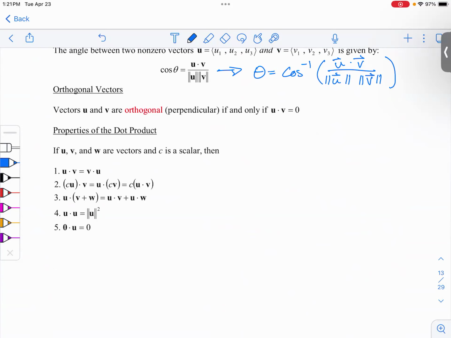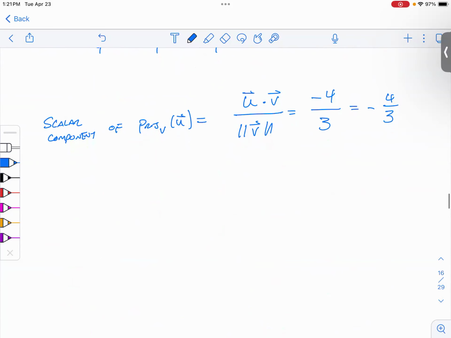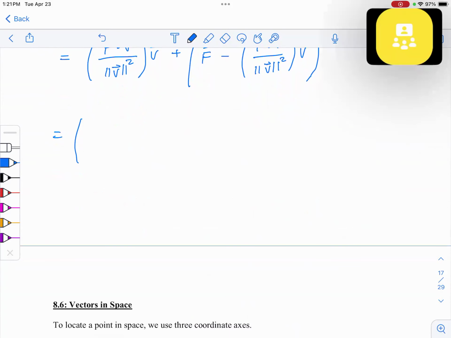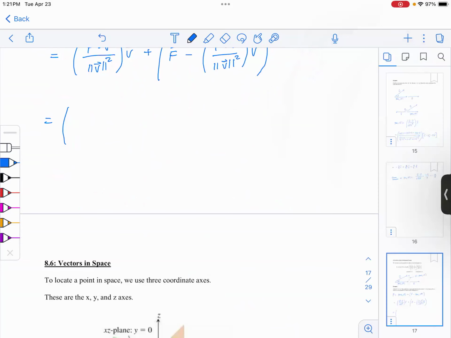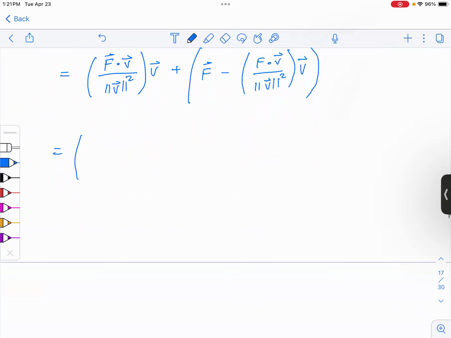So actually, if you have the magnitude squared, you can just do the vector dot itself, which is each piece squared. Just a fun fact of dot products.